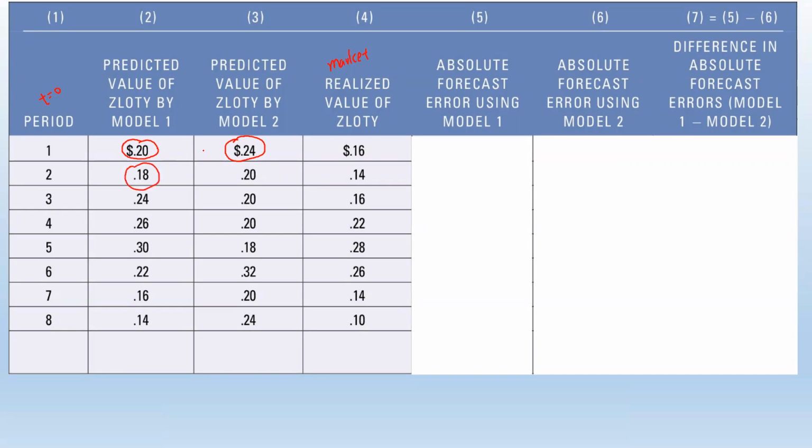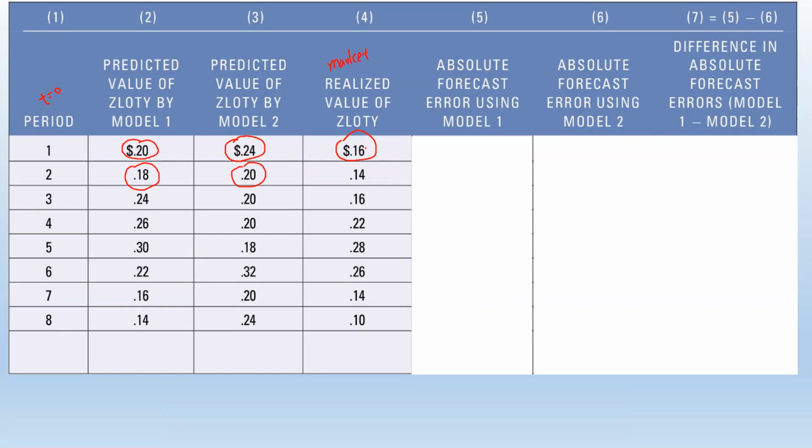Each model will generate one forecasted value, and then at the end of t equal to 1, we will observe from the market what the price of the currency is.